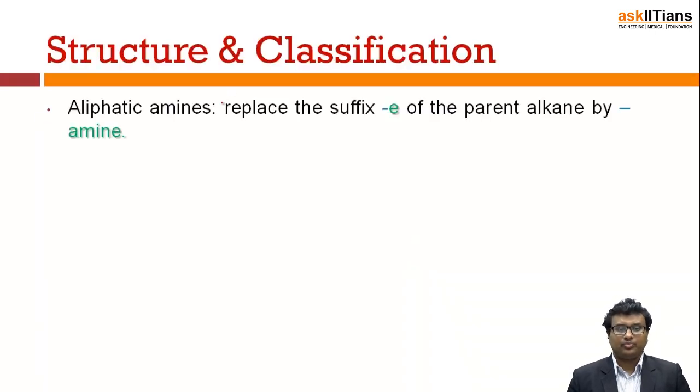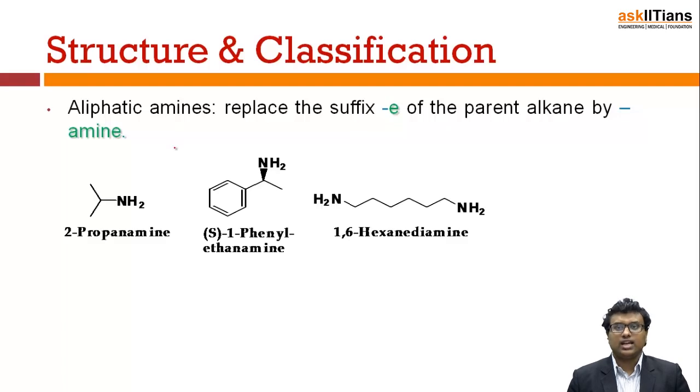So aliphatic amines replace the suffix e of the parent alkane by amine. That means this is how to name your amines. For example, if you have this structure, then it is nothing but propane generally, right?